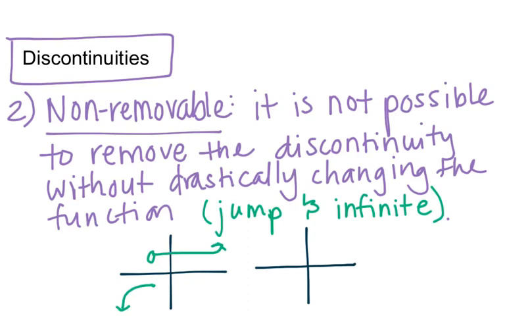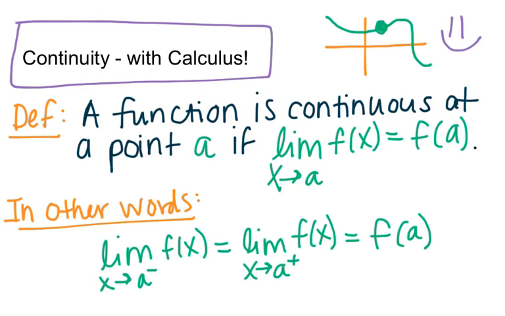And with these, the part of the definition of continuity that won't work is that our left-hand and right-hand limits equal each other. A lot of times the actual value of the function will equal one of the limits, but it can't equal both because they approach 2 different numbers. Alright, so it's that part of the definition. Let's look back. This part right here isn't working for us with jump discontinuity.